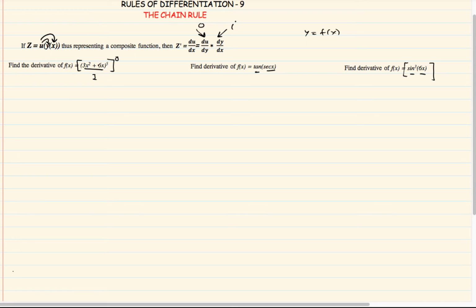So in order to help us solve in case we see these kind of things, it's always good to replace the inner function with something like, for example, let us say u. We can call it u, or y in case we're not using y. Then it will help us to realize which kind of situation we're facing.